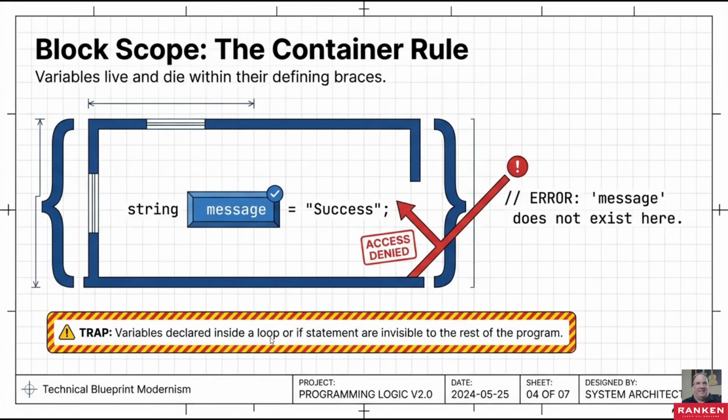Whatever you define within that block, and a block is basically any time you have a curly brace and an end curly brace, so any kind of block, an if statement, a loop, if you created a variable there, once that block is done, it could be in the same method, that variable is not accessible anymore.